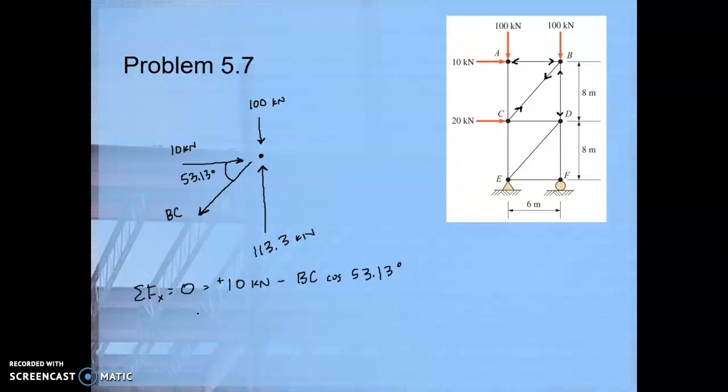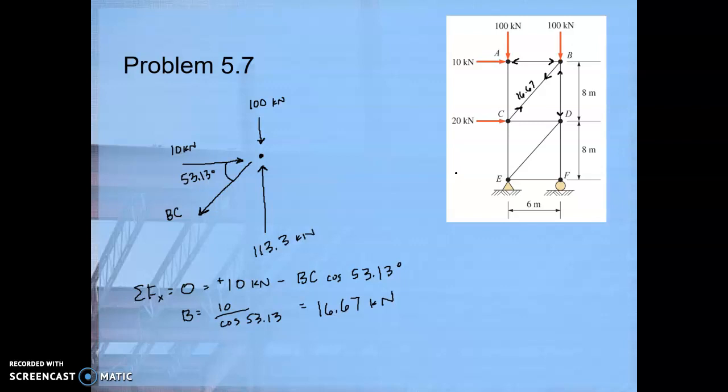So if we solve for BC, it is going to equal 10 divided by cosine of 53.13. So that gives me 16.67 kilonewtons.